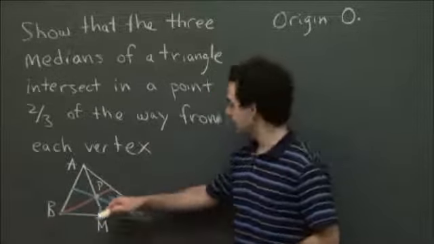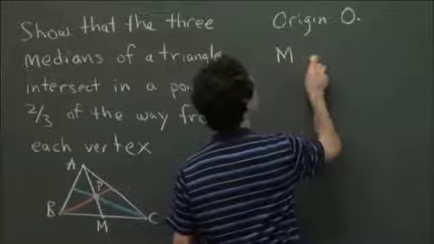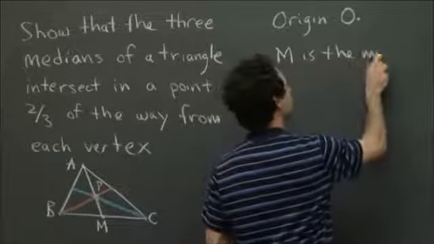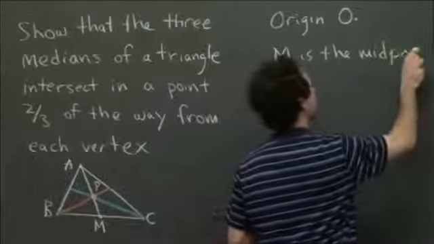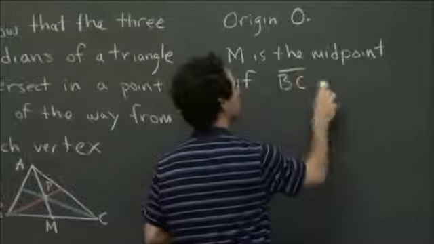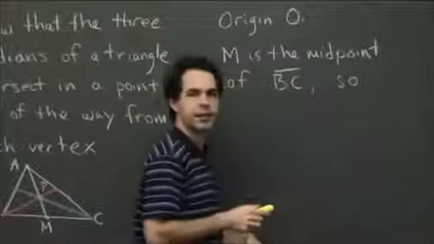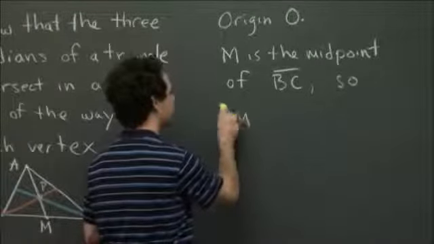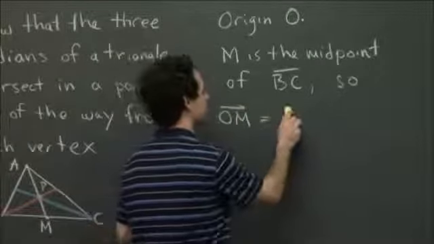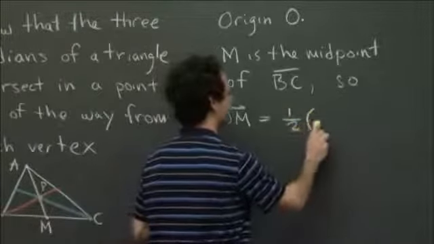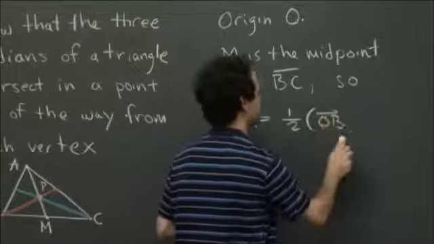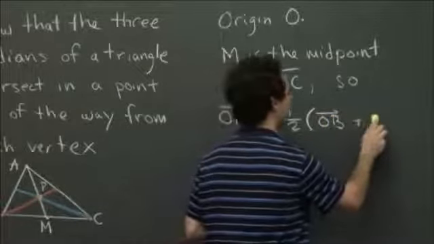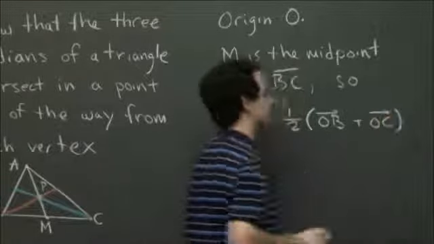So M is the midpoint of the segment BC. I think we saw this in lecture. What this means is that the position vector OM is exactly the average of the position vectors of B and C. It's 1/2 of the quantity OB plus OC.